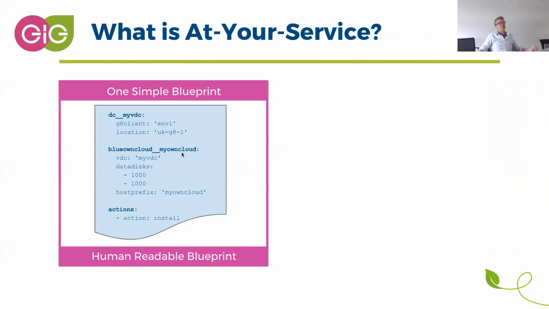And then you say, you know what? I need this own cloud instance to be run in my VDC. The VDC refers to the my VDC which got specified here. And this is an error, a V is missing.